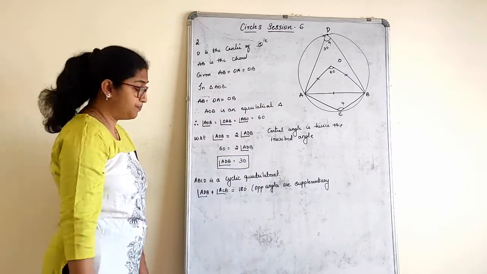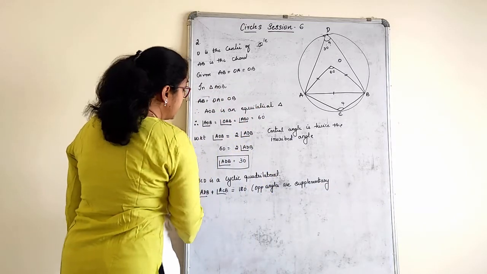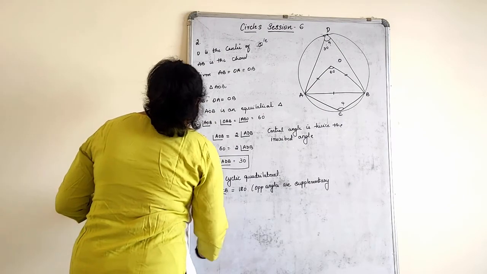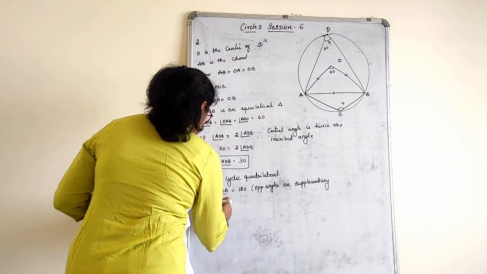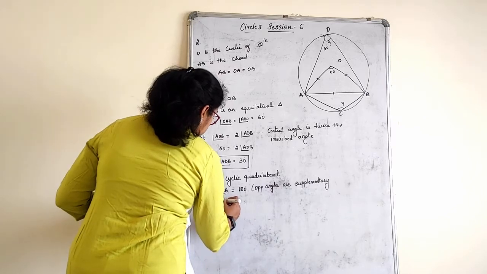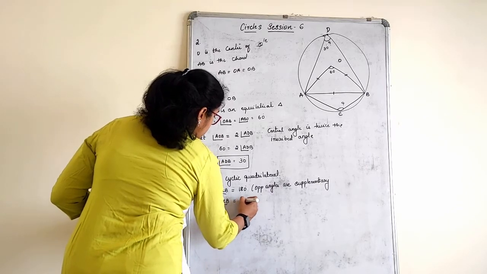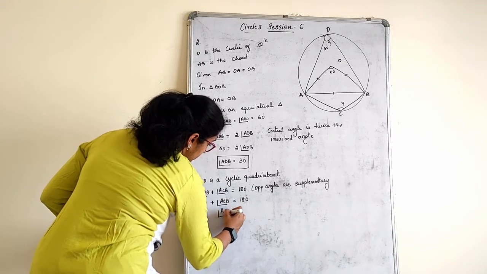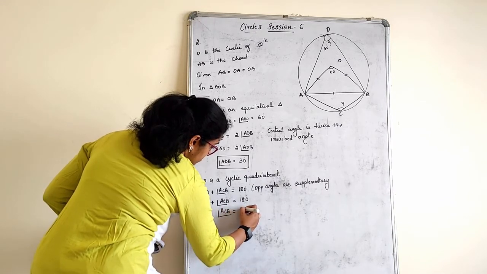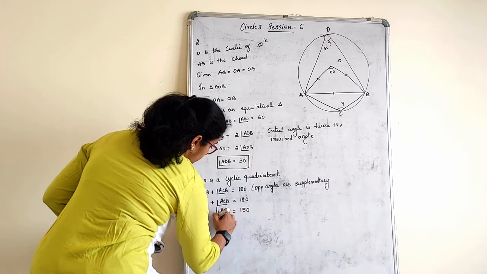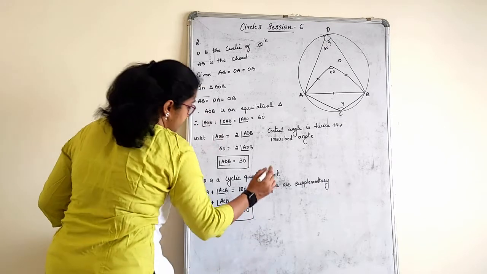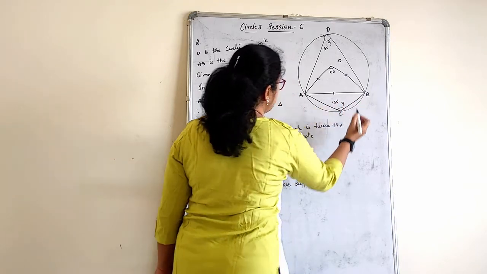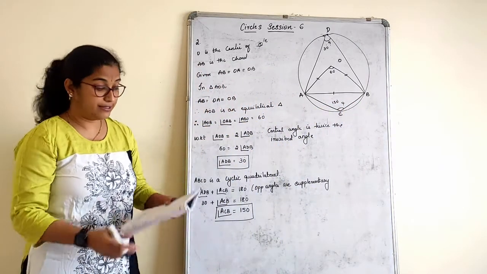We know that relation. So angle ADB is 30 degrees plus angle ACB is equal to 180. Therefore, angle ACB is equal to 180 minus 30, 150 degrees. This is 150. Very simple sum. This is how we find it.